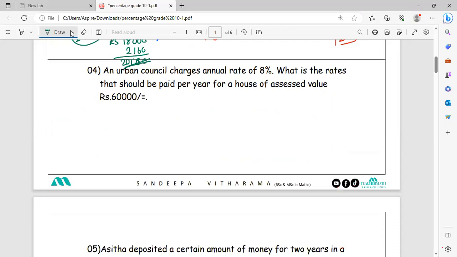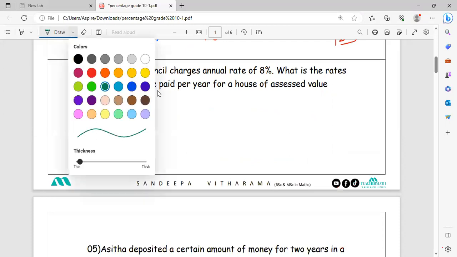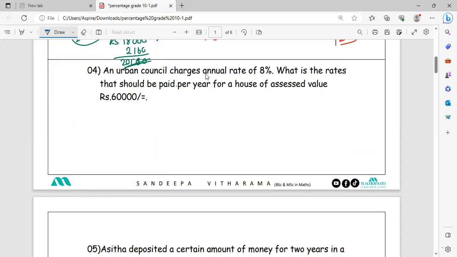Fourth question. An urban council charges an annual rate of 8%. What is the rates that should be paid per year for a house of assessed value 60,000 rupees? They have given the rate that is charged by a particular urban council.